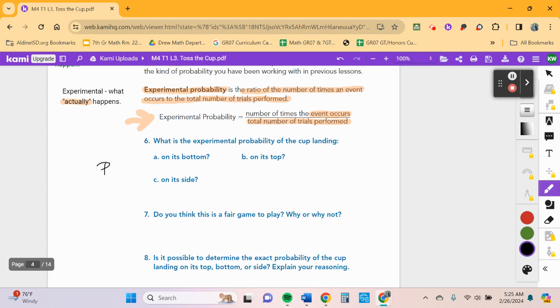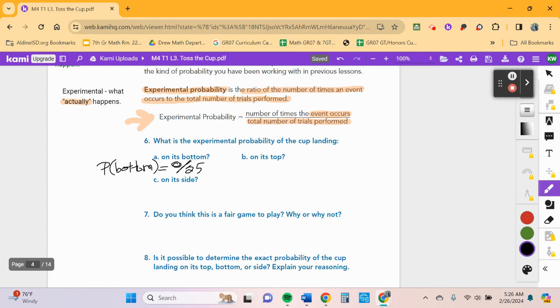The probability of it landing on its bottom: looking at our table, it landed on its bottom 0 times out of how many total trials? 25. So there's my experimental probability for the cup landing on its bottom.